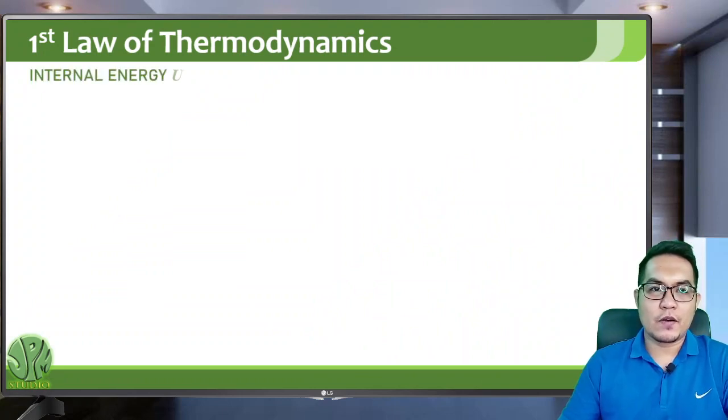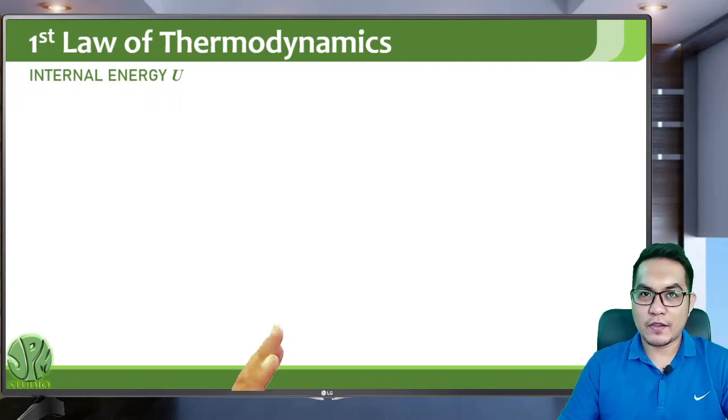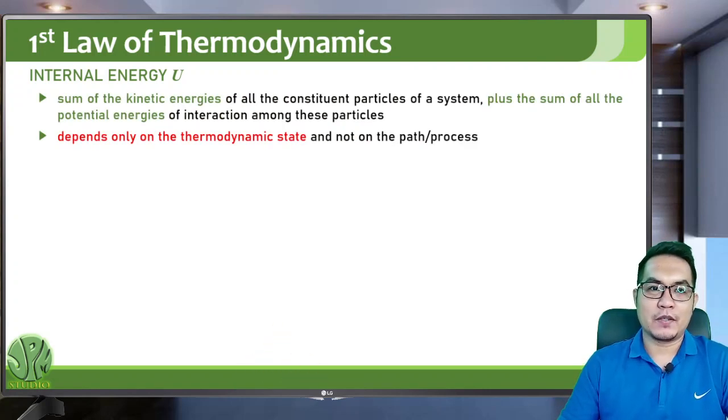The first law of thermodynamics is concerned with the internal energy of a thermodynamic system. This is just the sum of all the kinetic energy of all the constituent particles of the system plus the sum of all the potential energies of the interaction among these particles.